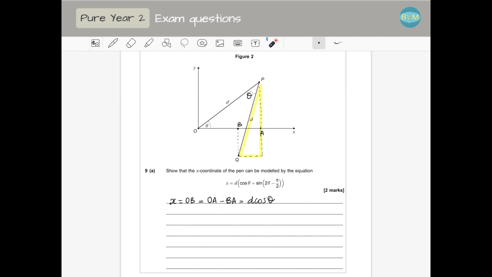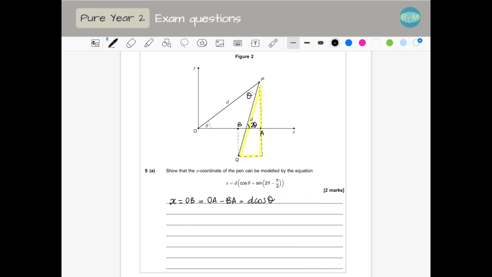Angles, we know this angle here. Just looking at this triangle, this angle here is pi minus 2 theta, because the whole triangle is pi, which means this angle here is going to be 2 theta, because 2 theta plus pi minus 2 theta is pi, and it's a straight line, so it must be pi.